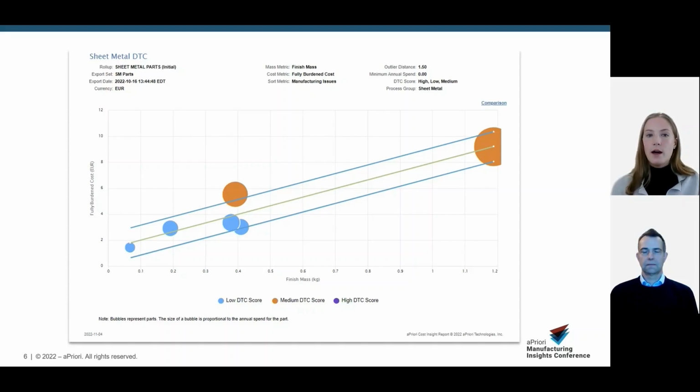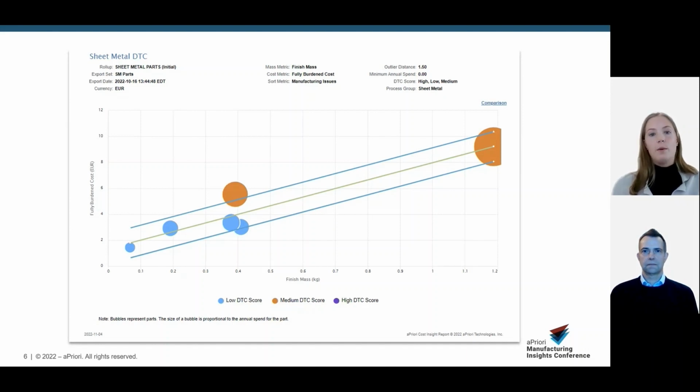So what we want to spot here are parts that are above average for cost over mass within this grouping of components. Other factors that we want to pay attention to here are annual spend. So the size of the bubble indicates annual spend, as well as design to cost risk.